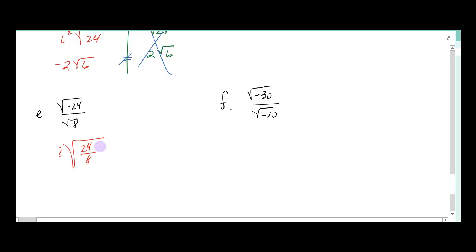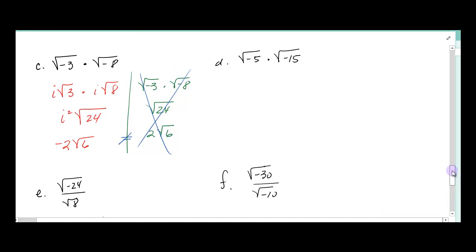And I can do that because once I pulled that imaginary portion out, the 24 and the 8 became like terms. They were both real numbers, and if that's the case, I can write them together under the same radical sign. And I do that because 24 divided by 8 is just 3, and so the answer to this portion would just be i times the square root of 3.